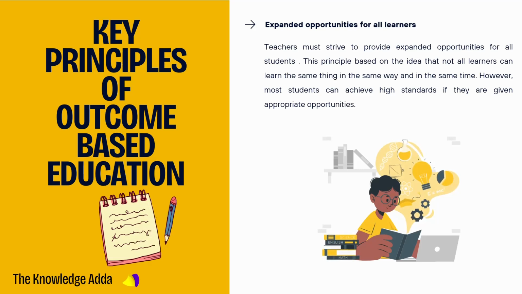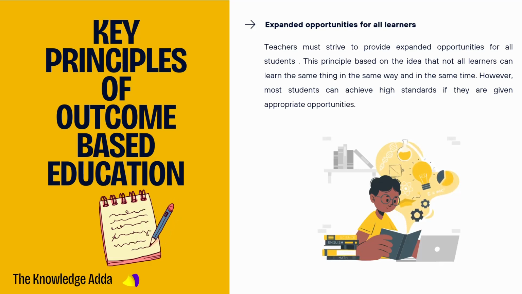Teachers must strive to provide expanded opportunities for all the students. This principle is based on the idea that not all learners can learn the same thing in the same way and at the same time. However, most students can achieve high standards if they are given appropriate opportunities. So, basically, here comes the concept of slow learner and fast learner.